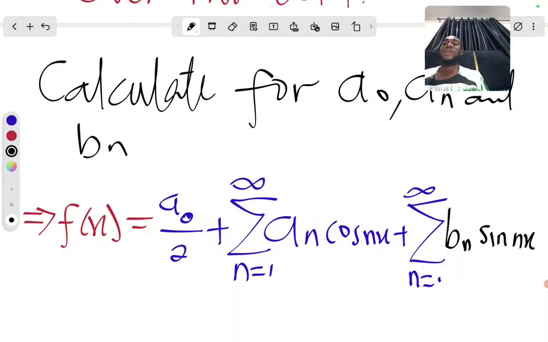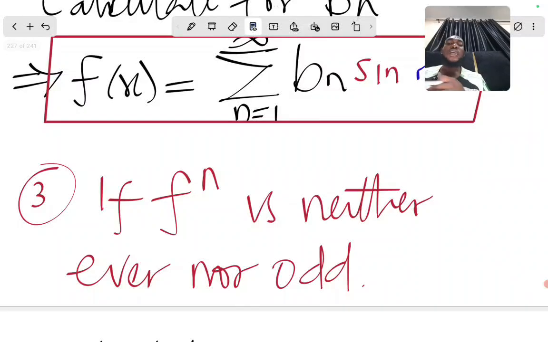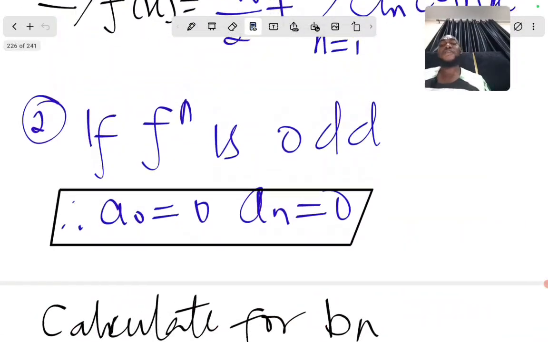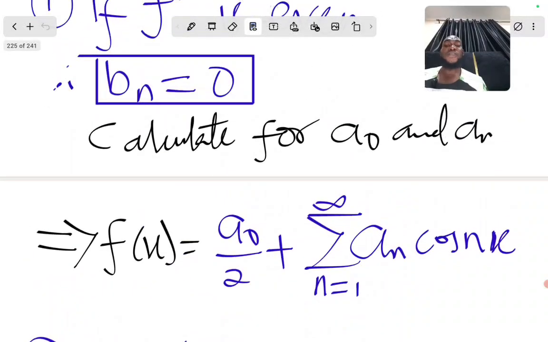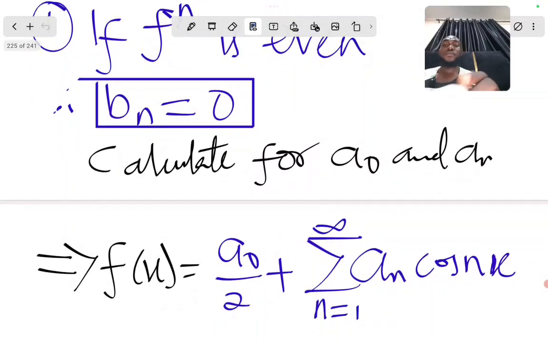So we are going to make use of the third one for any function that is neither even nor odd. But if the function is odd, we make use of this our second one. And if the function is even, we are going to make use of the first one over here.